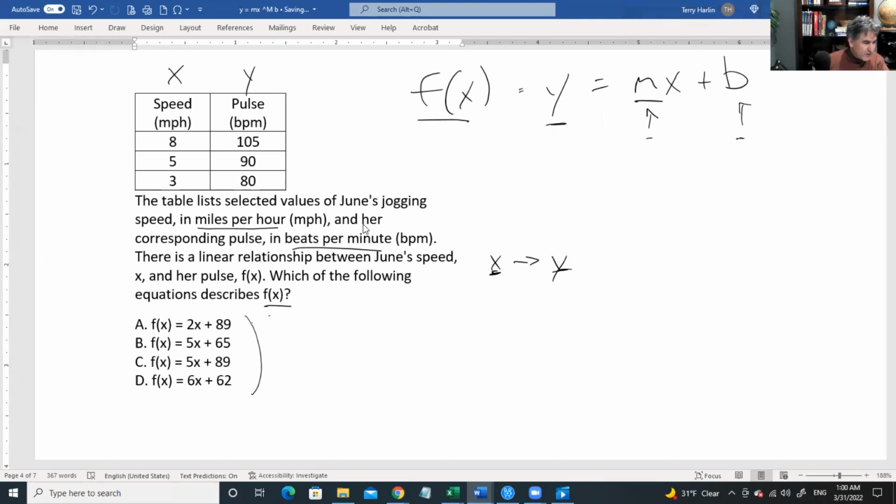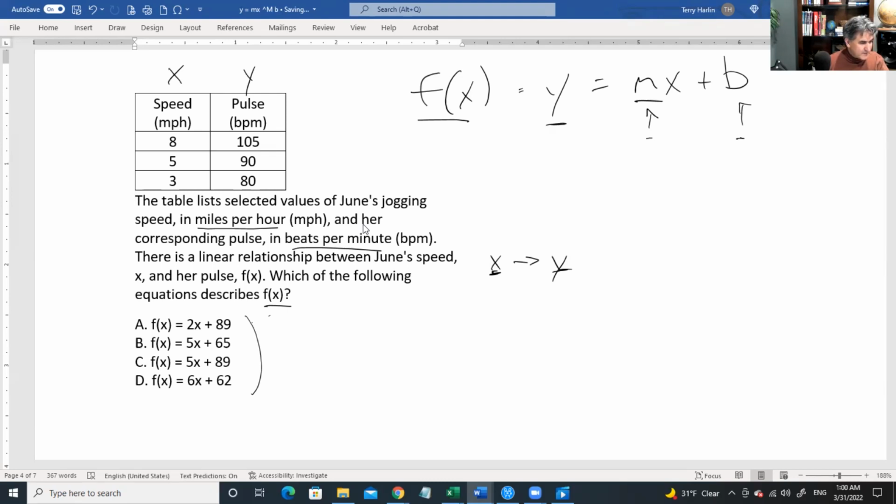Okay, so we look at the answer choices and we notice that we have 89, 89, 65, 62, three different y-intercepts, and 2, 5, and 6, three different slopes. Well, let's look for the slope first. I think that's going to be the best way to go. In this case, we're trying to create this equation, so we need to go for the slope.